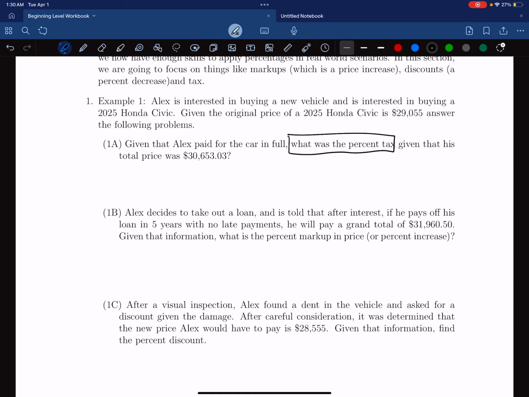We know here, this is our original value, and this is our new value. With those two values, we want to know the percent tax. So we're going to take this original value of $29,055 and put that in the denominator of a fraction.